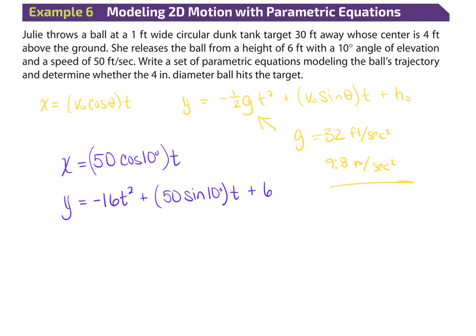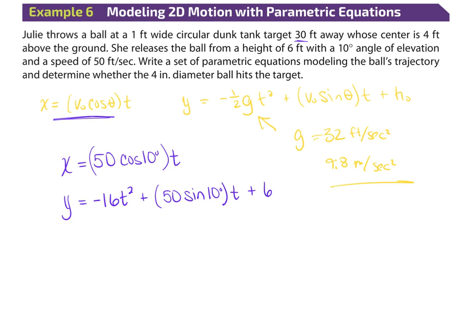So, now, we're going to see what else is going to help me determine this. 30 feet away, all right? So if she is throwing it at the target 30 feet away, then at some time t, we can hope that she is at 30. So that would be this movement here, okay?